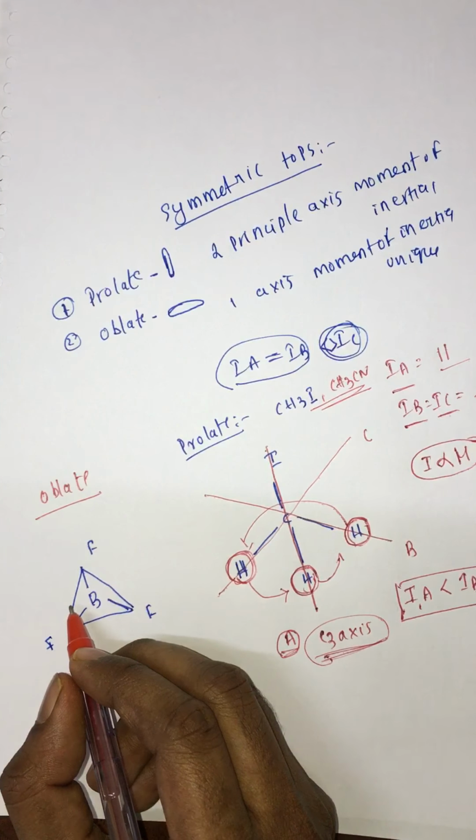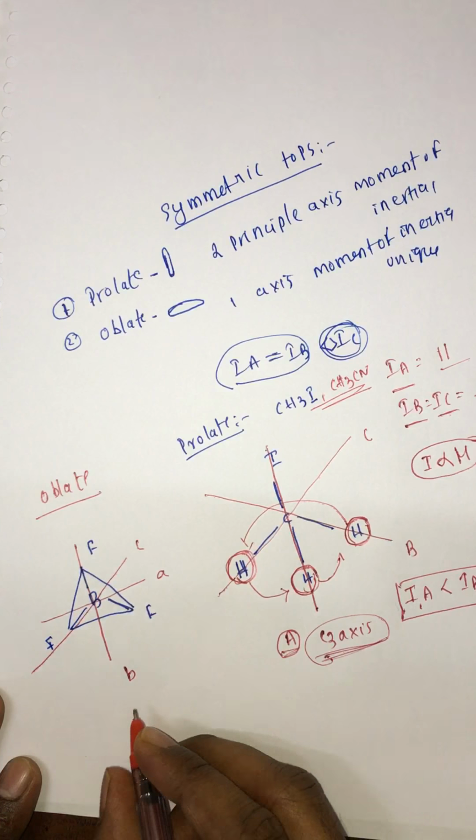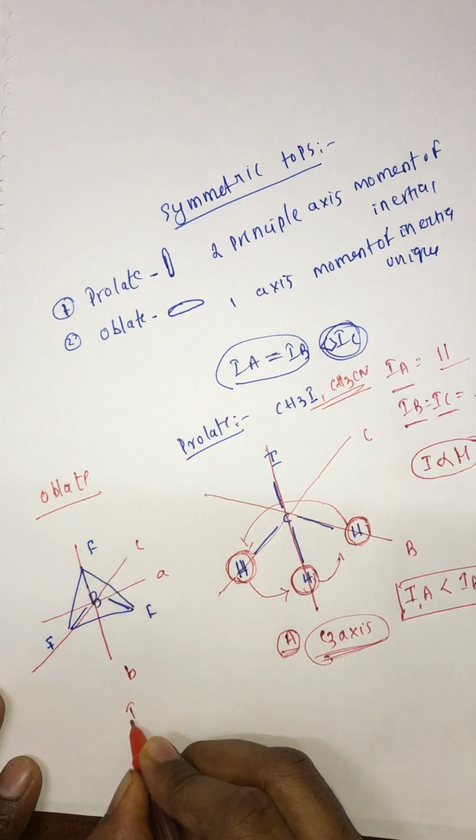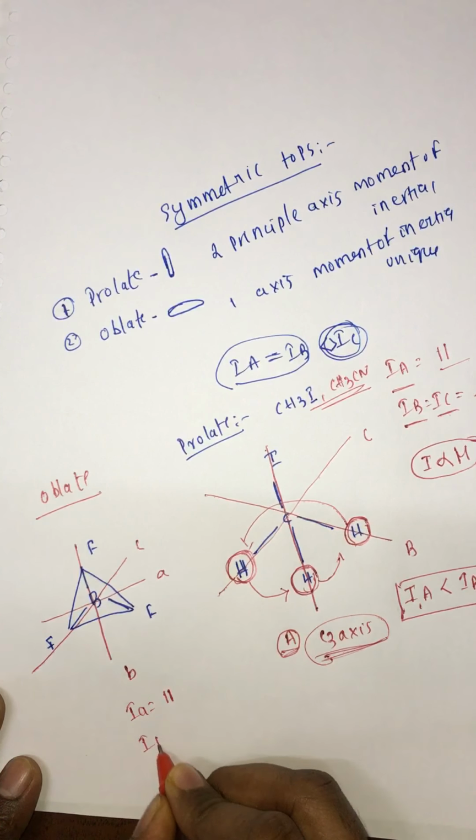We will draw all three axes first, so that it will be clear. So this is the IA axis, this is IB, and this is IC. Here we can call IA parallel and IB and IC perpendicular.